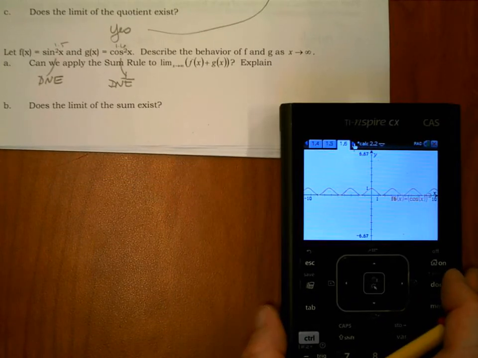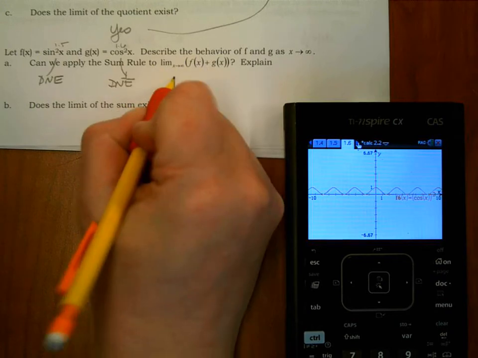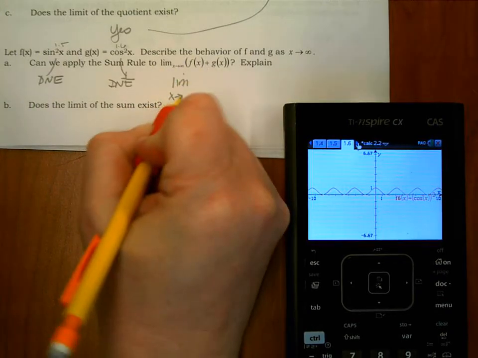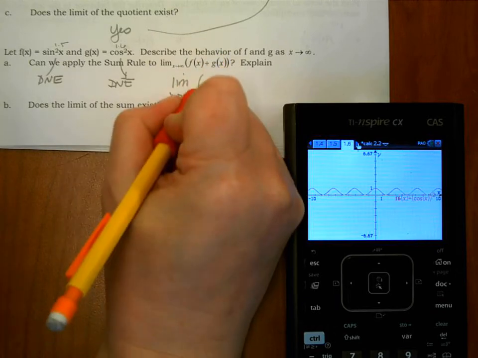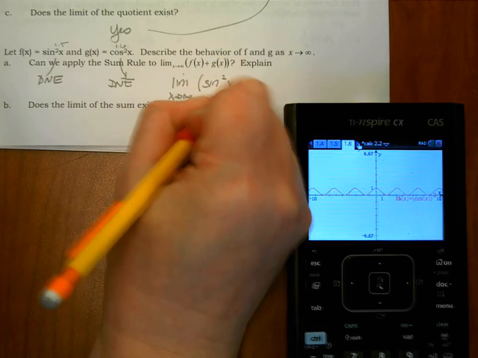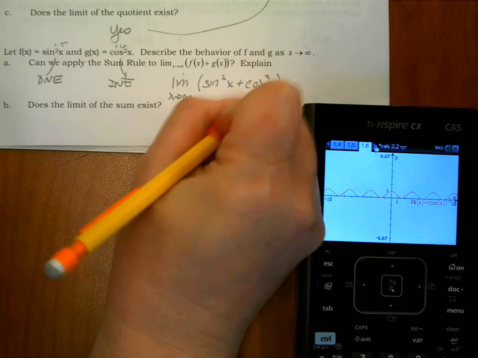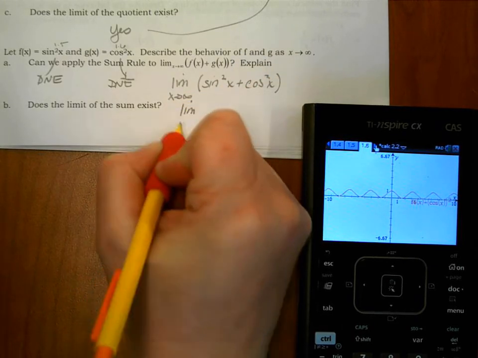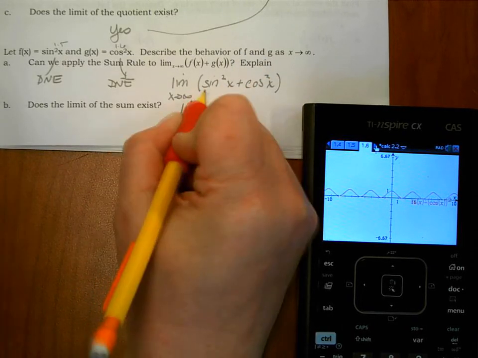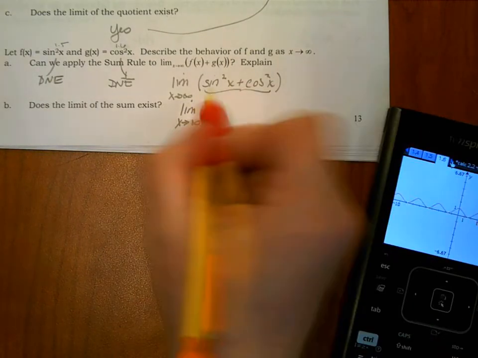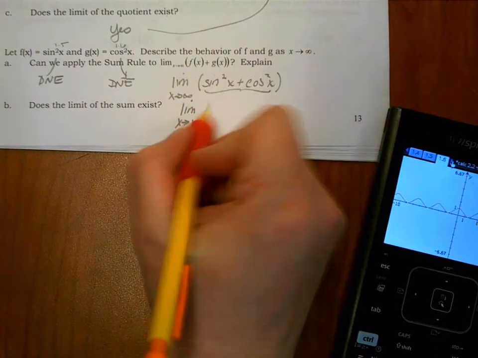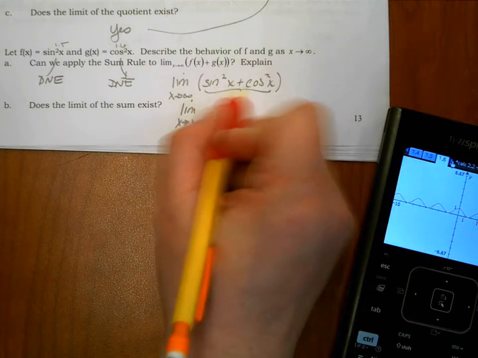But what if we had written this as the limit of that sum? Okay, now take it back to chapter 7. Well, that was one of our identities that we used all the time. You might remember the sine squared of x plus cosine squared of x, that value, rather, just equals 1.